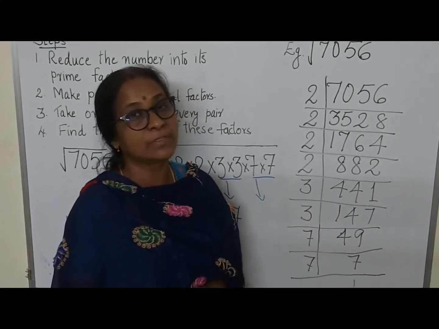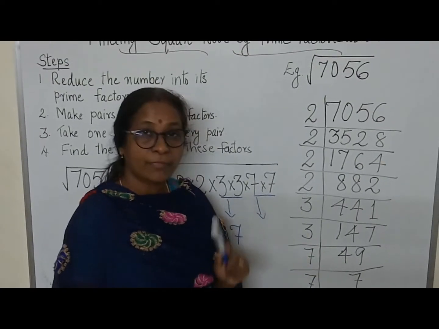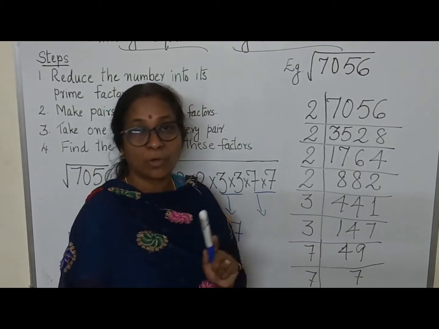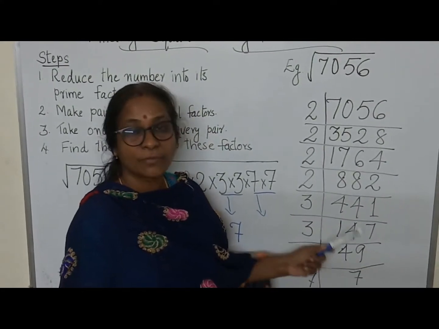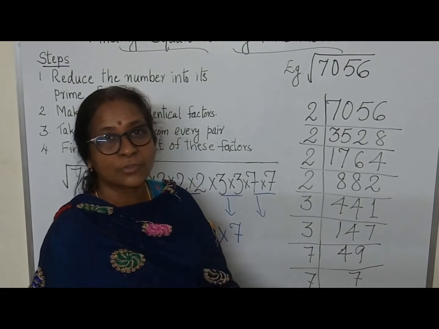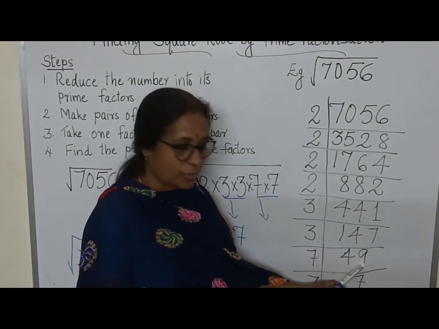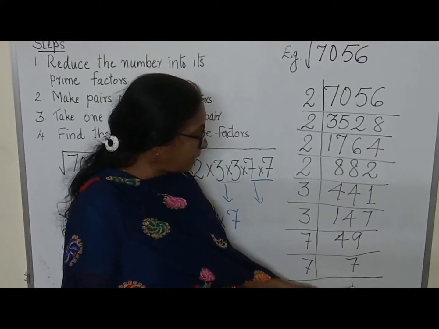It is not divisible by 3. So try 5. For 5, the unit place should be 0 or 5. Is it 0 or 5 here? No. So we cannot divide by 5. So go with 7. We know that 7 sevens are 49. So we get 7. Again divide by 7, we get 1.